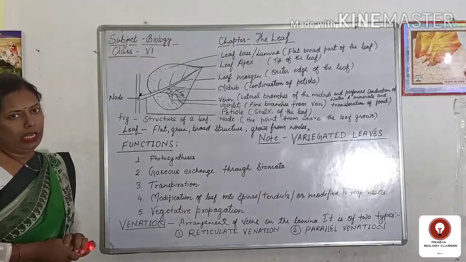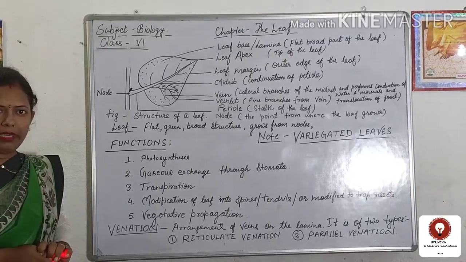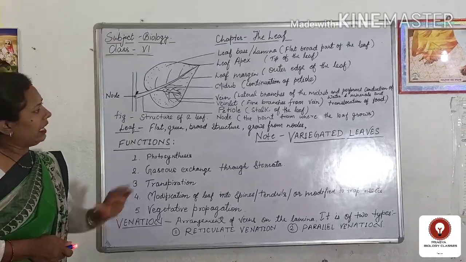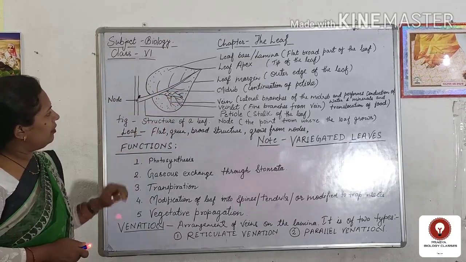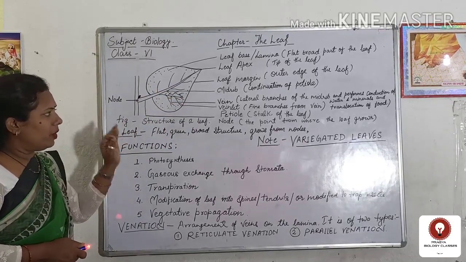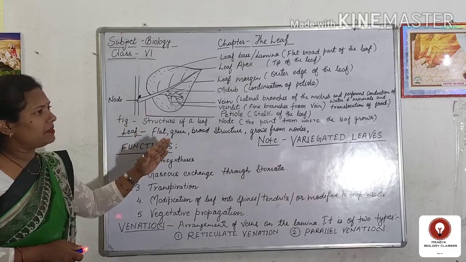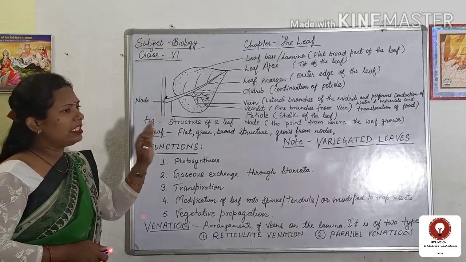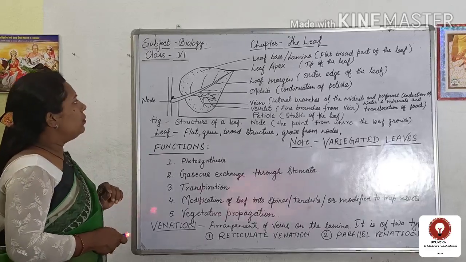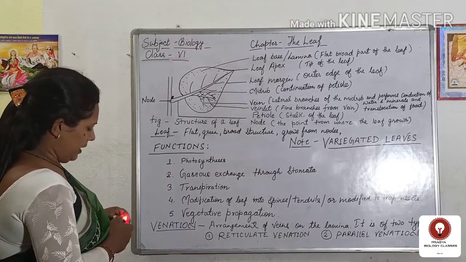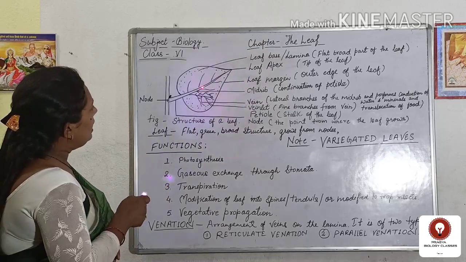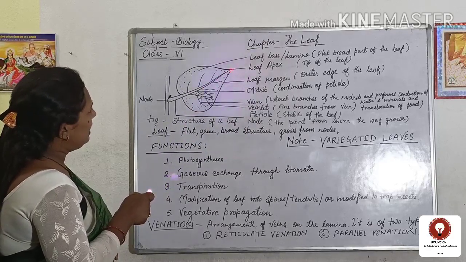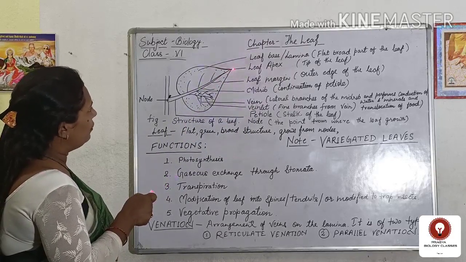You have to draw the diagram in your copy, and I will explain each and every part of the leaf. You also have to write the parts of the leaf, and point-wise write about the function of each part. The first part I will explain is the leaf apex, which means the tip of the leaf.